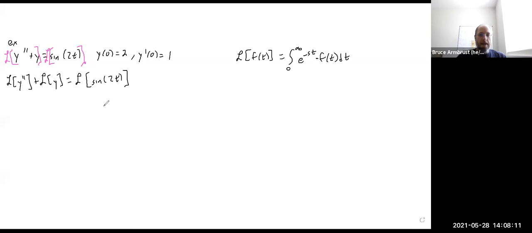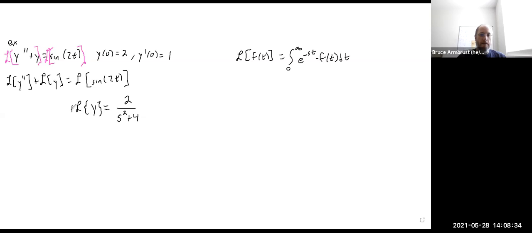This guy on the right is going to be 2 over s squared plus 4. So it was a over s squared plus a squared. So that's the Laplace transform of sine of 2t. The Laplace transform of y, we'll go ahead and keep that.